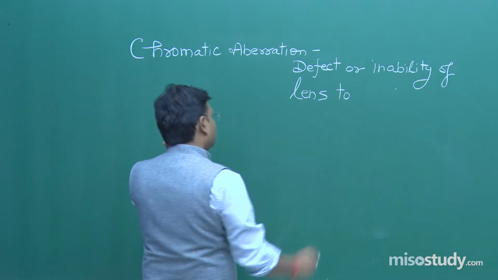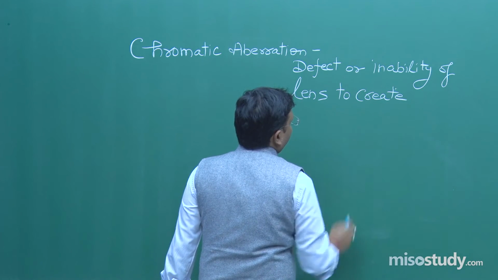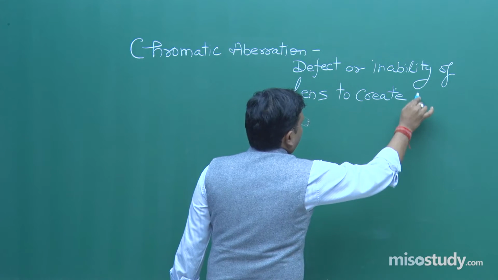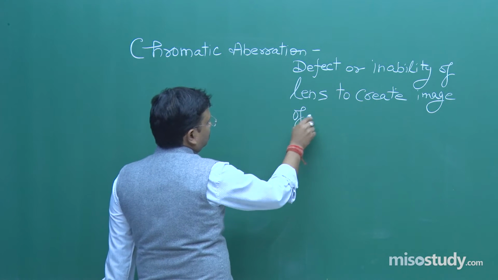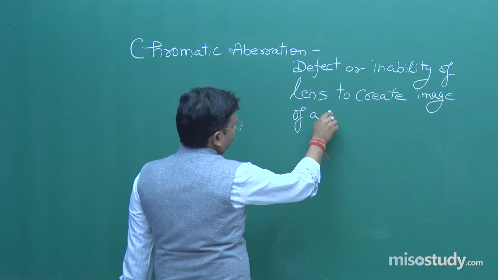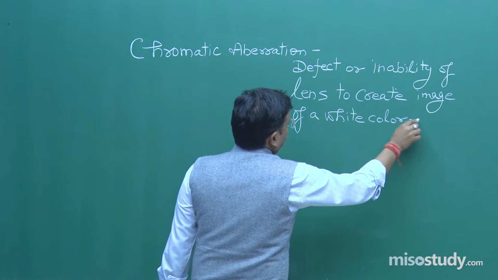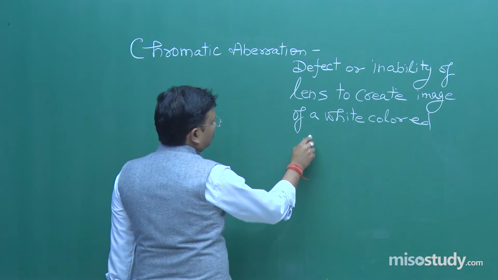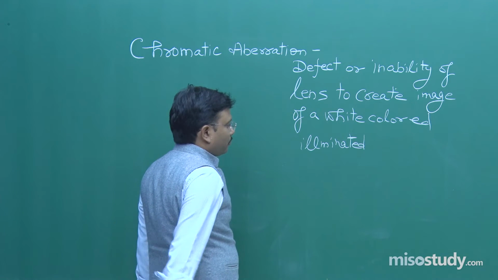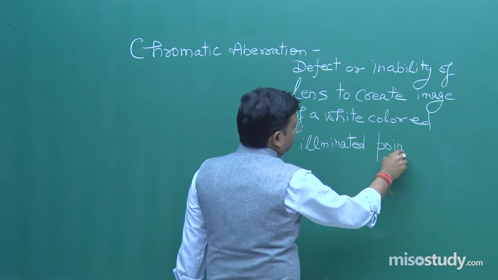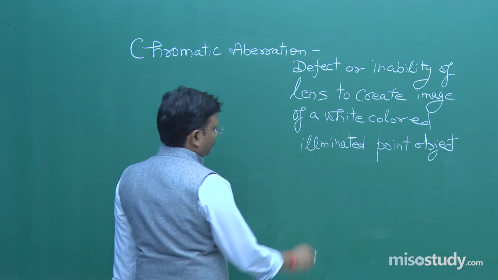To create an image of a white colored illuminated point object as a point.